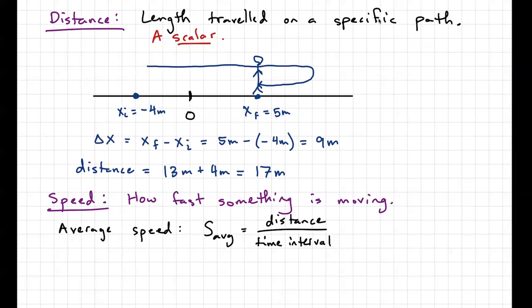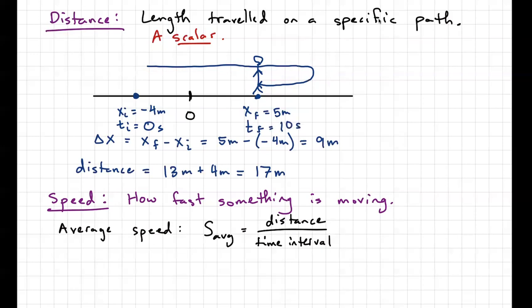So if we look at the example above, the distance traveled on the path we took here, the blue path, was 17 meters. If we put some times here too, so let's say I started my stopwatch at 0 seconds, and my final time was 10 seconds.